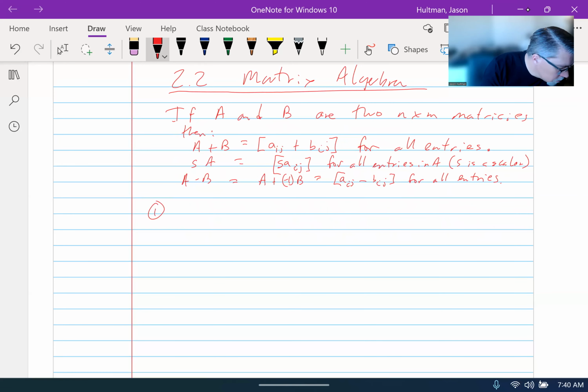Let's do an example. I have matrix A equal to -2, 1, 0, 4, -1, -3, 2, and 2. I have B equaling 6, 3, -3, 3, -3, 3, -2, -5.